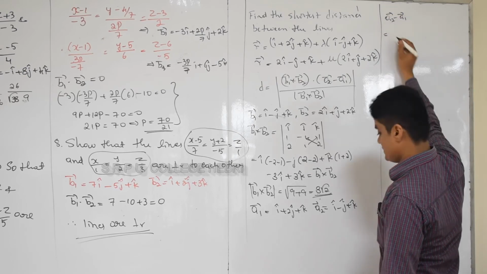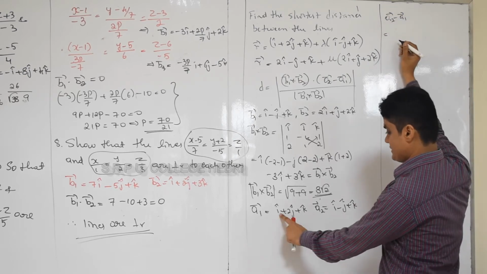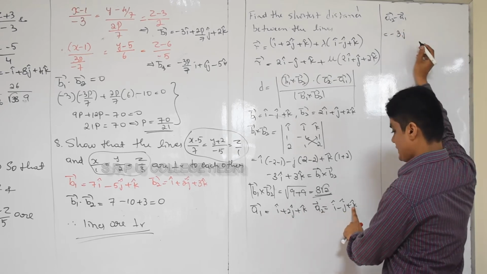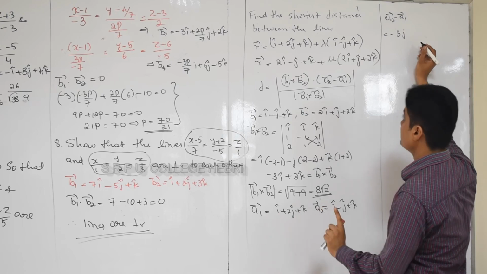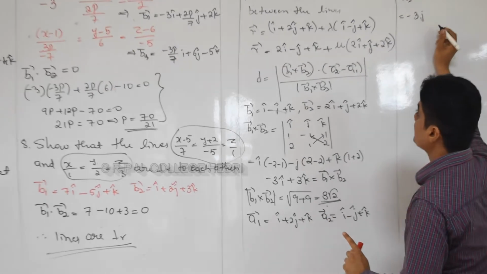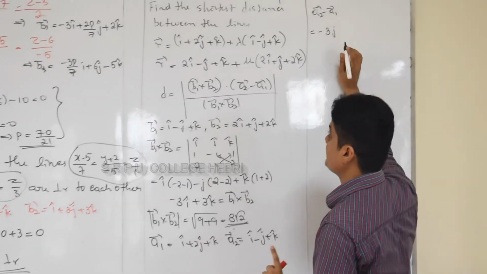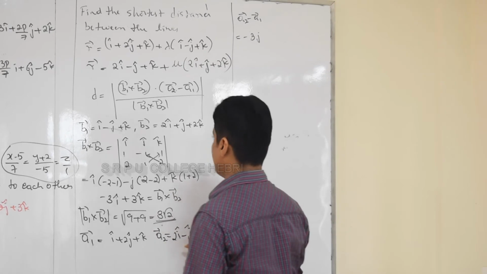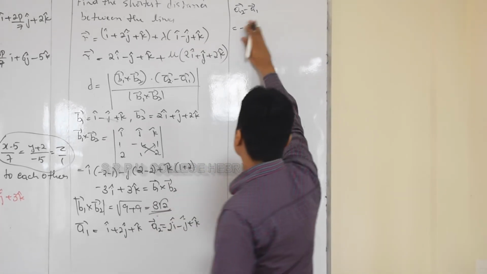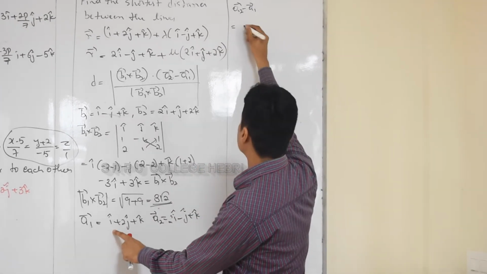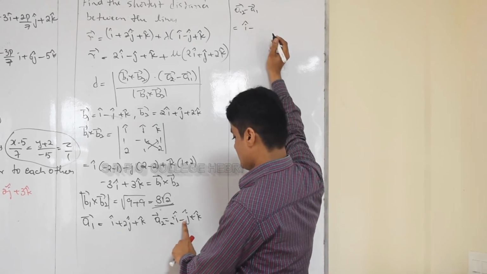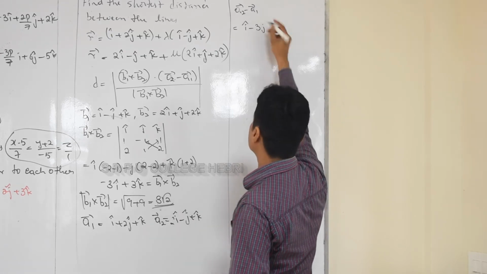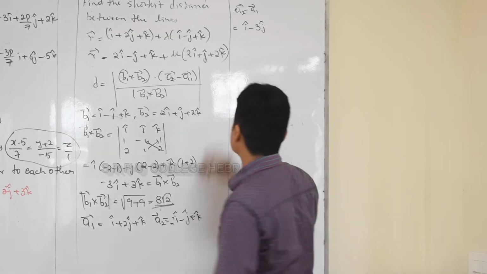Vector a2 minus a1: i minus i is 0, minus j minus 2j is minus 3j, k minus k is 0. Okay, fine. Only 2i is there, hold on, one minute. This is 2i minus j plus k, so 2i minus i becomes i, then minus j minus 2j is minus 3j, k becomes 0. So only i minus 3j. Correct? This is a2 minus a1.